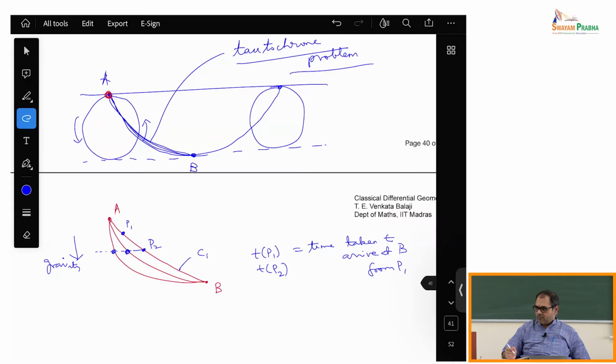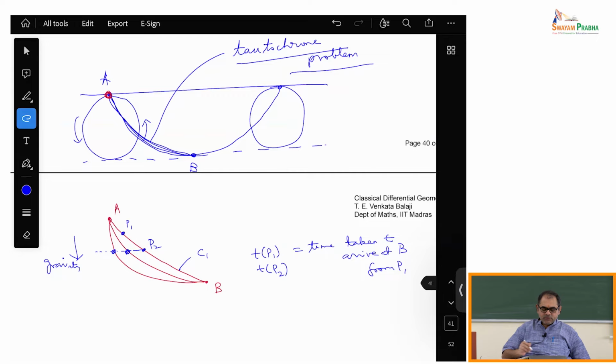You take any point on the curve and you release an object constrained to move down the curve only under gravity. From that point, the time taken to reach the lowest point is independent of the starting point. Such a curve is called a tautochrone, and this is called the tautochrone problem.